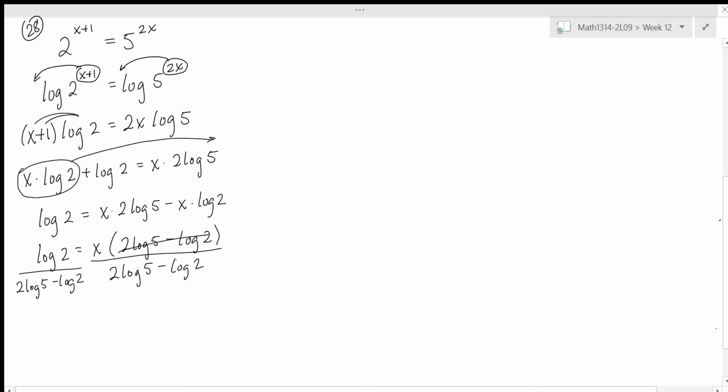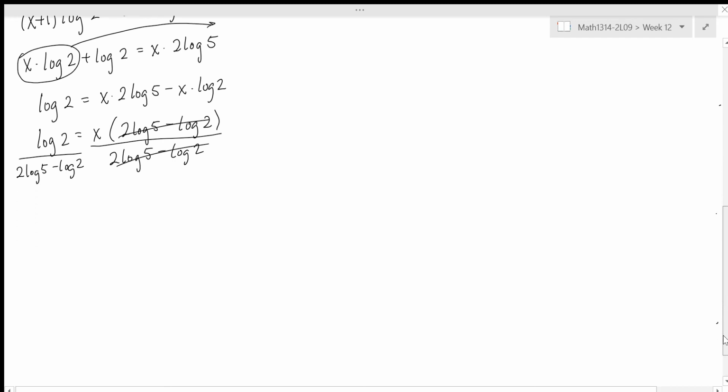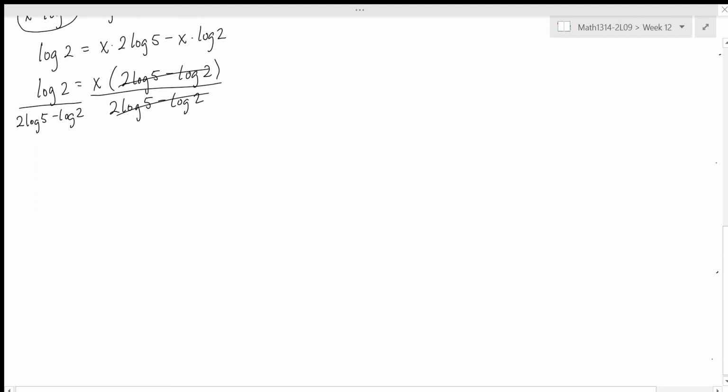I can divide both sides by all of that stuff. And so we're going to have x equals log of 2 divided by 2 log 5 minus log 2.